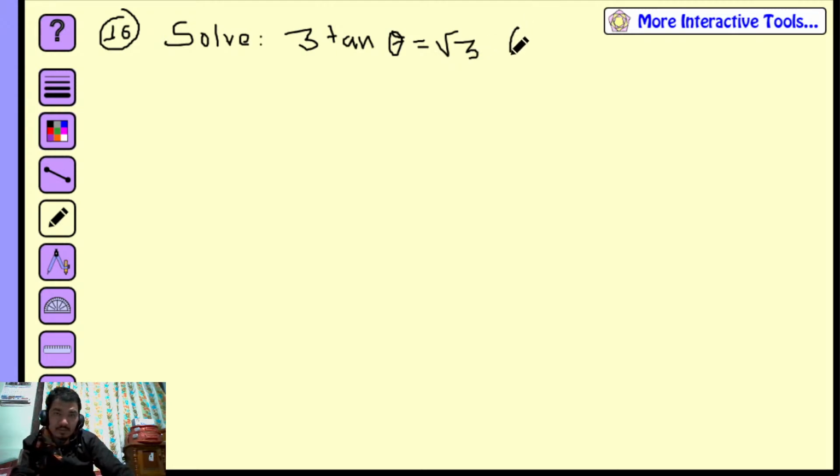It is also given just like the previous one. We have to find the value of theta from 0 degree to 90 degree.